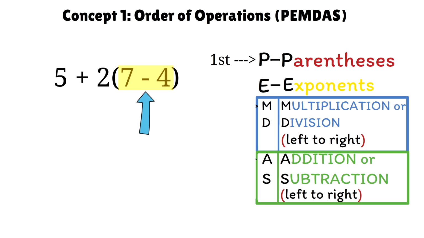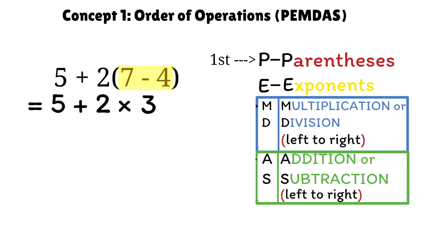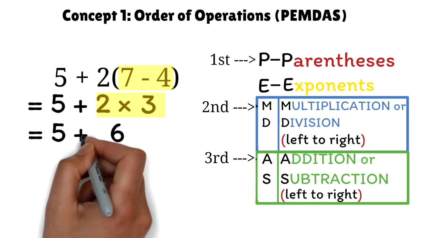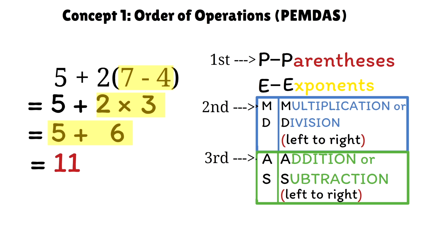So, 7 minus 4 is 3. So we have 5 plus 2 times 3. Next, from PEMDAS, the multiplication comes before the addition, so we must deal with the multiplication first. 2 times 3 is 6. So we have 5 plus 6, and if we add them together, we'll get 11 as the final answer.